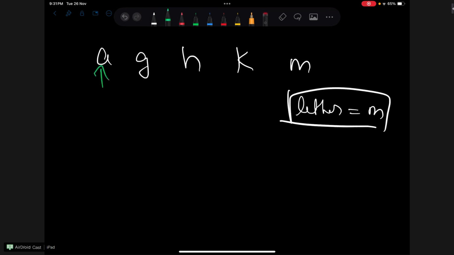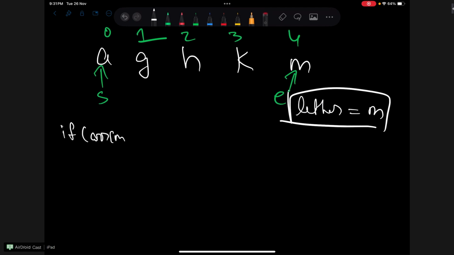So let's just do dry run quickly. S pointer is set here, E pointer is set here. It is 0, 1, 2, 3, and 4. Okay, let's start from the beginning. We'll check if array of mid is greater than target.